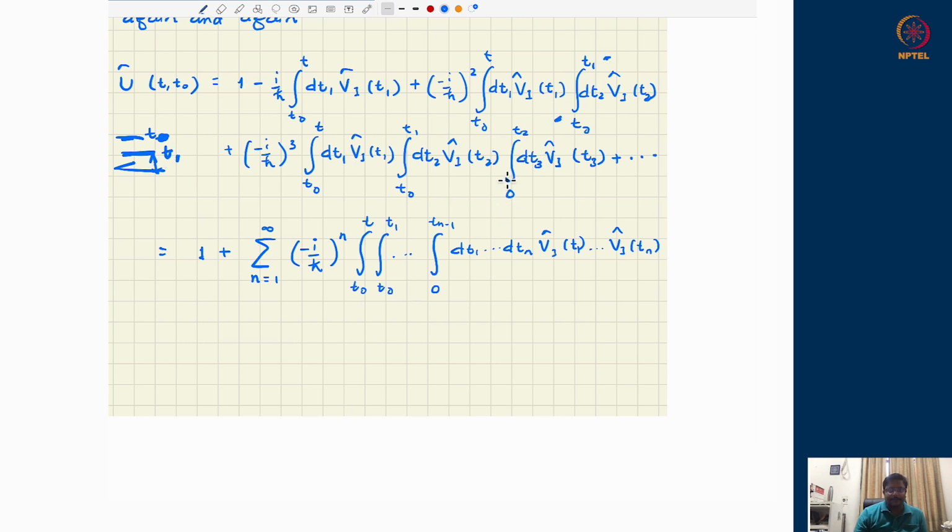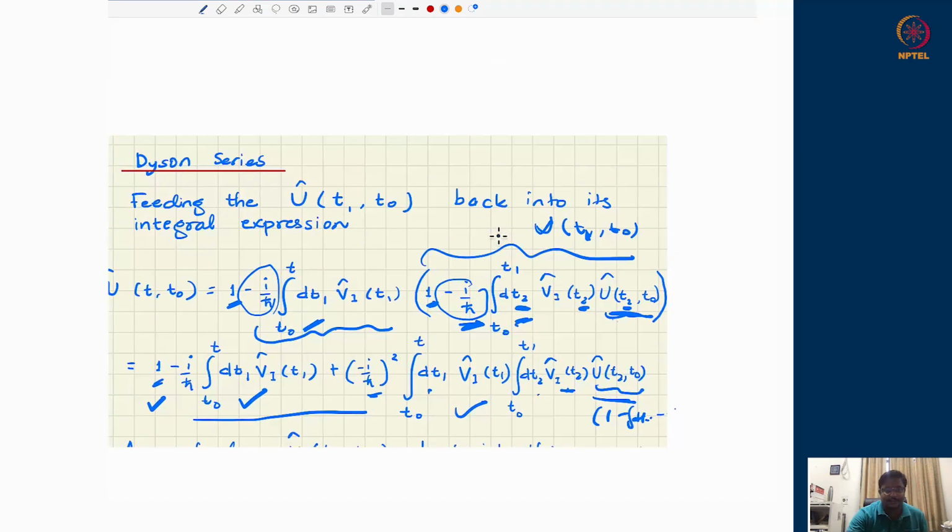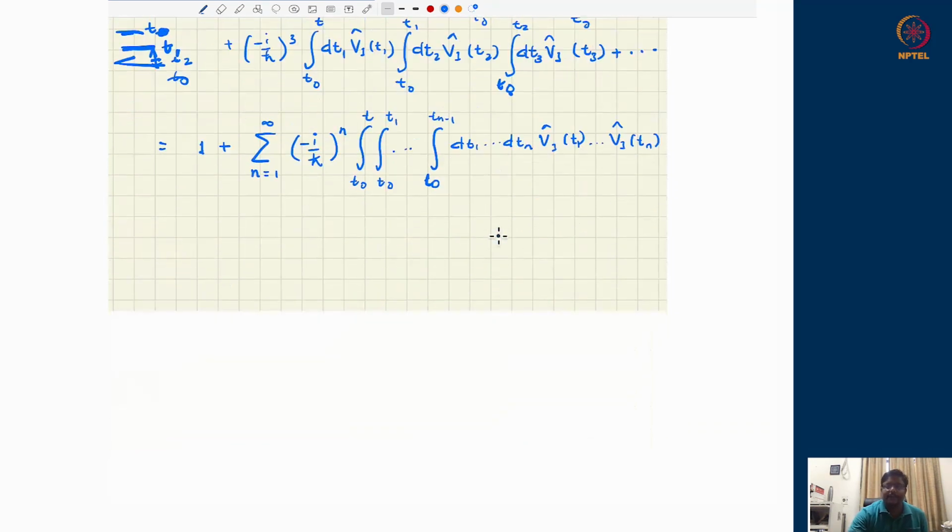In the third part, even t2 came between t0 and t1, so the integral ran from t0 to t2. So similarly, the third integral will go further smaller. It will run from t0 to t3, and the fourth integral from t0 to t4, where the size of the integral will keep shrinking down and down, and ultimately it will reduce to the point t0 itself, where the unitary is supposed to be 1. So ultimately you will get this series and the final U of t0, t0, which was 1.